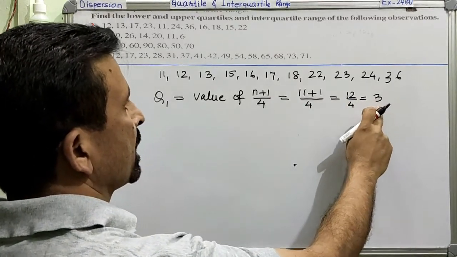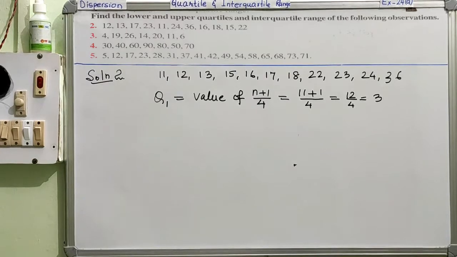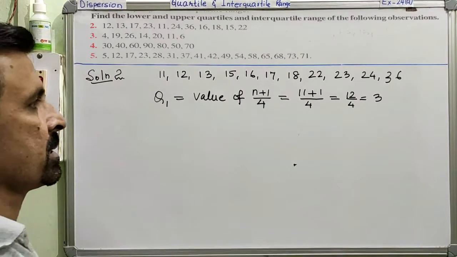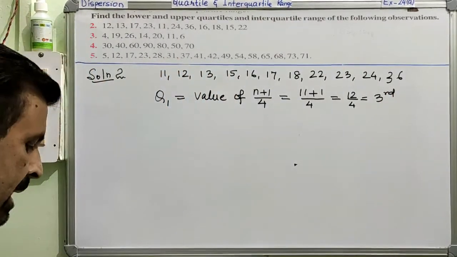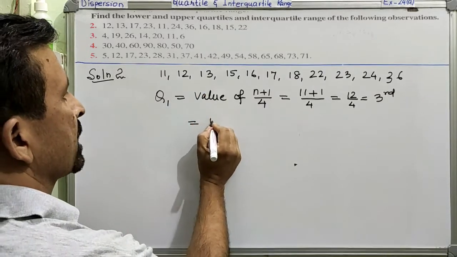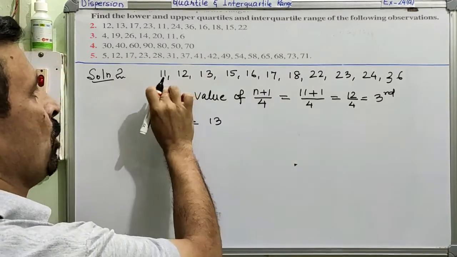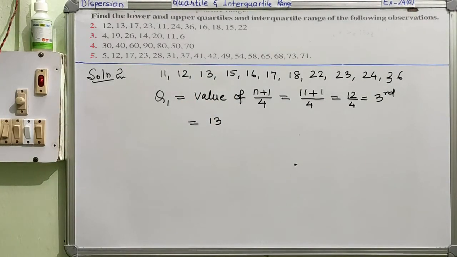This is your position, the position that you got. So the value of this is the third data. And the third data is 13. Third data is 1, 2, 3. Third data is 13. So this becomes your lower quartile. Am I very clear? Okay.